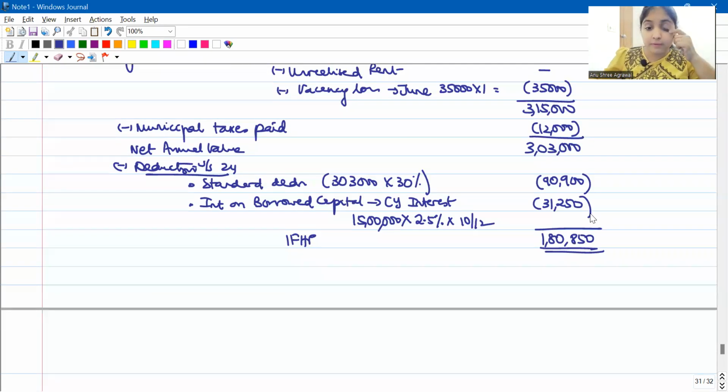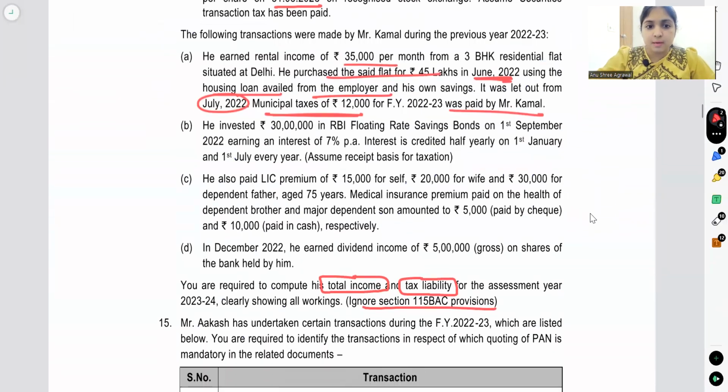Yes. Now, after this, what else? He invested 30 lakhs in RBI floating rate savings bonds on 1st September 2022 and he earned interest of 7% per annum. Interest is credited half yearly on 1st January and 1st July every year. Assume receipt basis for taxation. Guys, bonds, interest.